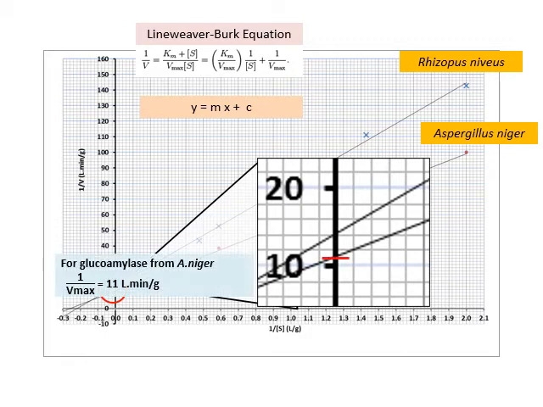So for Aspergillus niger, 1 over Vmax is 11. So Vmax is 1 over 11, which is 0.091.